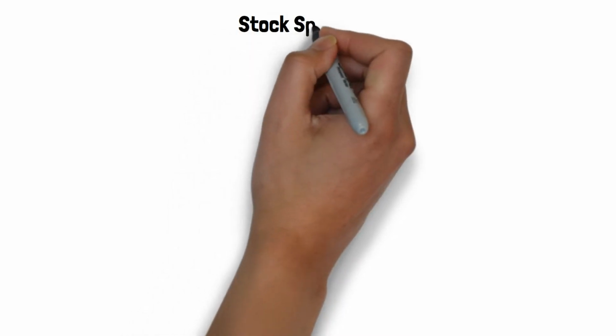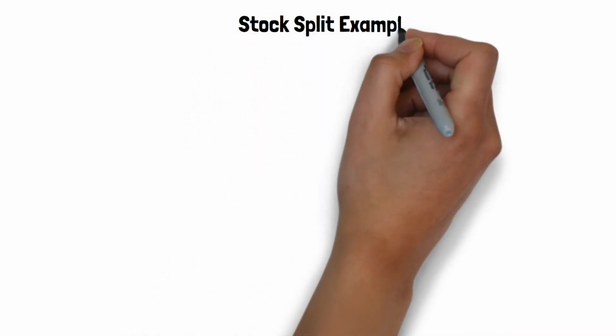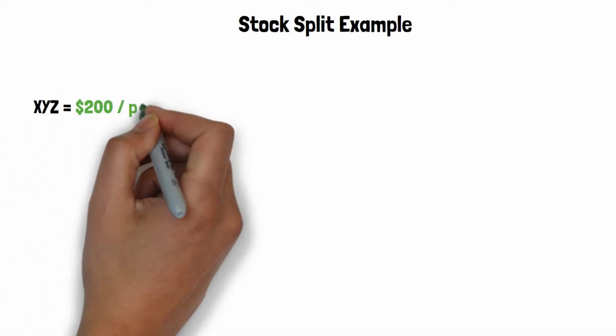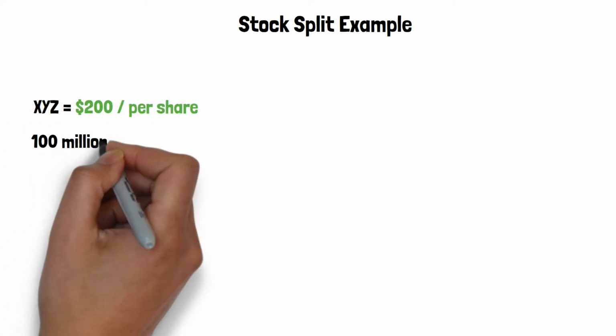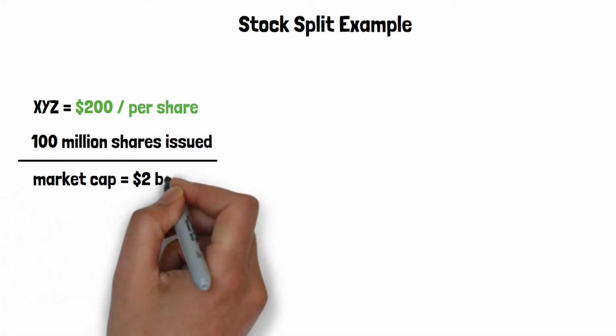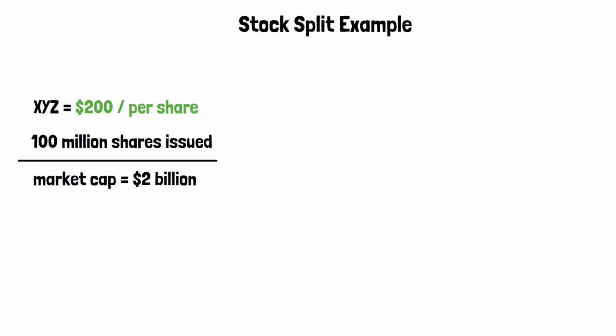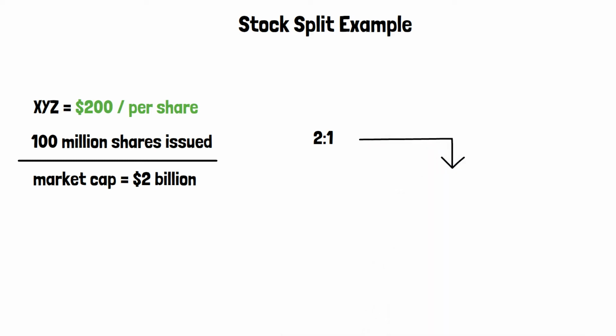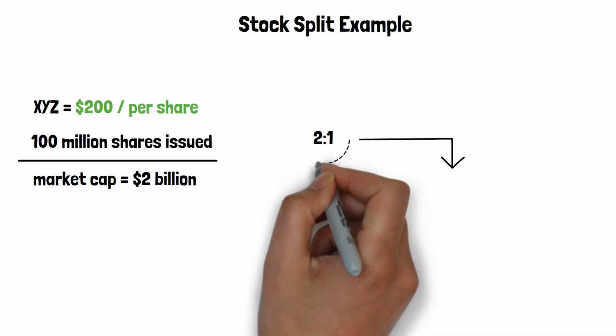This means that 2 shares now equal the original value of 1 share before the split. Let's take a look at the following example below in order to get a better understanding. Let's assume that XYZ stock currently trades at $200 per share and has 100 million shares issued. This gives it a market cap of $2 billion, 200 times the 100 million shares issued. The company then decides to implement a 2-for-1 stock split. This means that for each share shareholders currently hold, they receive another share.